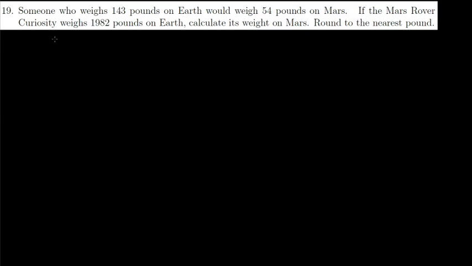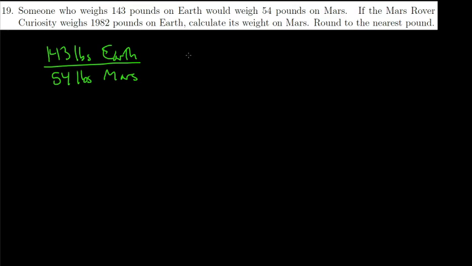If the Mars rover Curiosity weighs 1,982 pounds on Earth, calculate its weight on Mars and round to the nearest pound. So this is a very old question, right? The Mars rover Curiosity, it must have been at least a decade ago. But anyways, it's neither here nor there. So what do we know? We know that anyone that weighs 143 pounds on Earth would weigh 54 pounds on Mars.